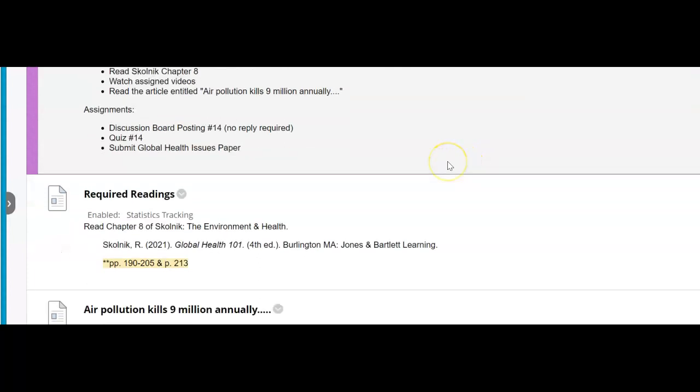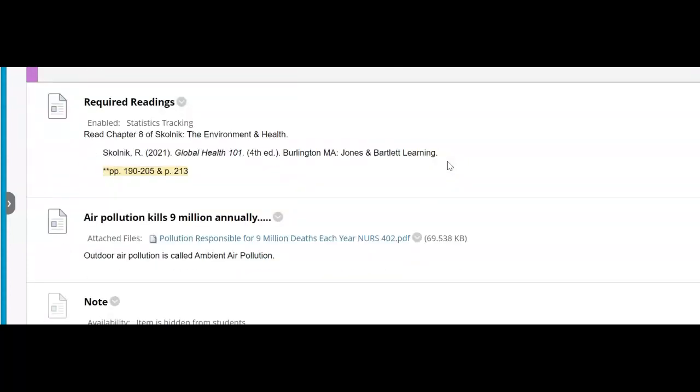You're going to do that by looking at Chapter 8. I've highlighted the pages that I really want you to focus most on, starting on page 190 to 205, and then also looking at 213, because 213 has some information on climate change that you're going to need for the quiz.